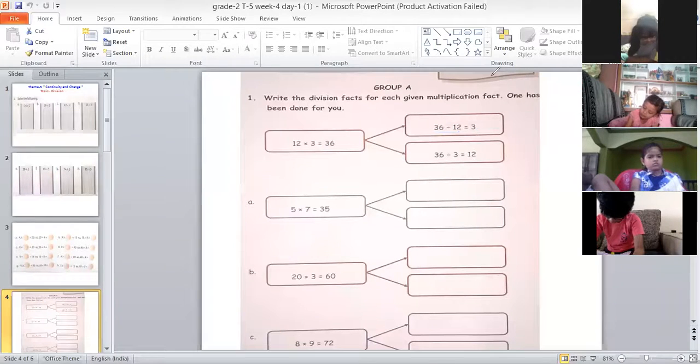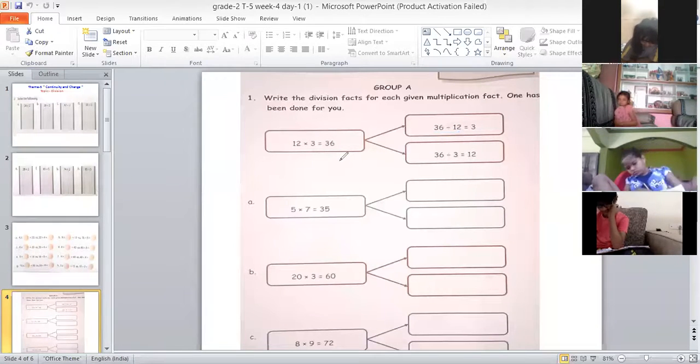Okay, children. So, what is there? If you look at the example given in your book, you can see this is 12 multiplied by 3 is equal to 36. And then we need to write the division fact for this. I've told you, whatever is the number after the equal to symbol, or you can see whatever is the largest number, you will write that number first and then you will put the division symbol after that number.